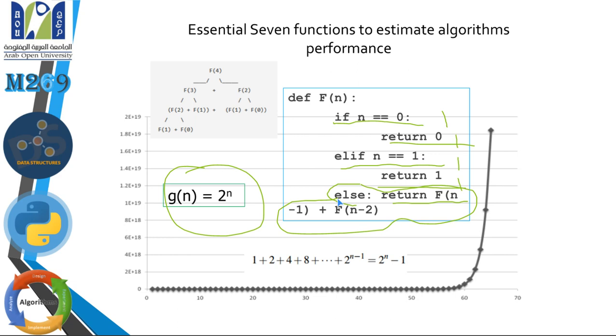Recursion. This is a recursive function. A recursive function takes 2 to the power n. Yes, when the function calls itself, it's 2 to the power n.